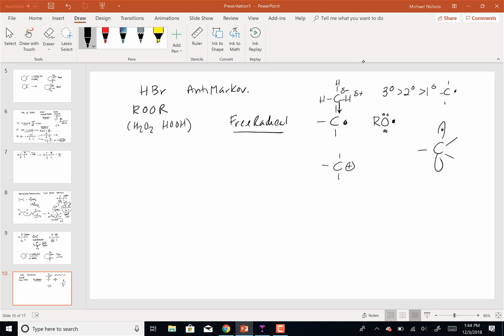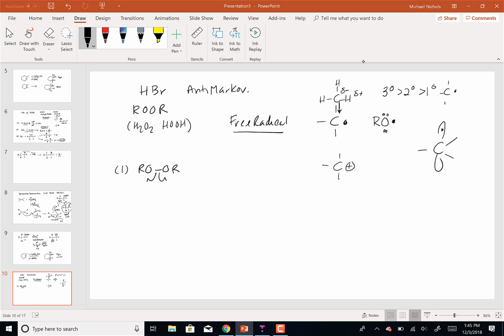And so here's how this mechanism works so that we're adding HBr anti-Markovnikov. In step 1, what happens is I take my peroxide and I break it apart. I cleave the O-O bond. Now, since oxygens have the same electronegativity, there's an equal sharing there, and no one atom can take the pair of electrons away. So I'm going to split this evenly.